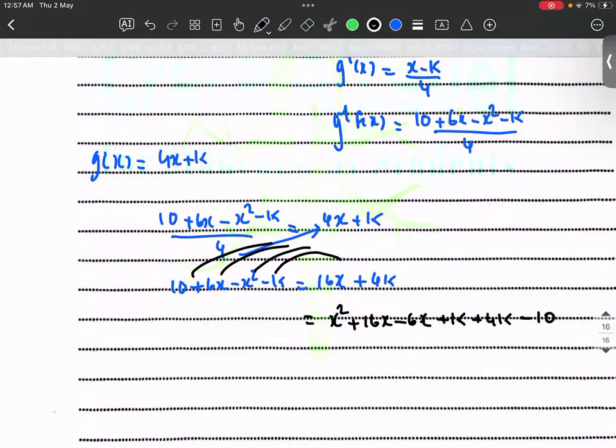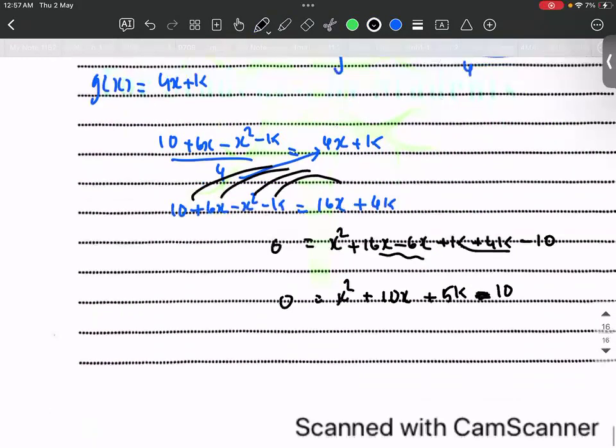So that is equal to 0. So 0 is equal to x square plus 16x minus 6x, which is 10x, plus 4k plus k, which is 5k, minus 10. So x square plus 10x plus 5k minus 10 is exactly equal to 0.